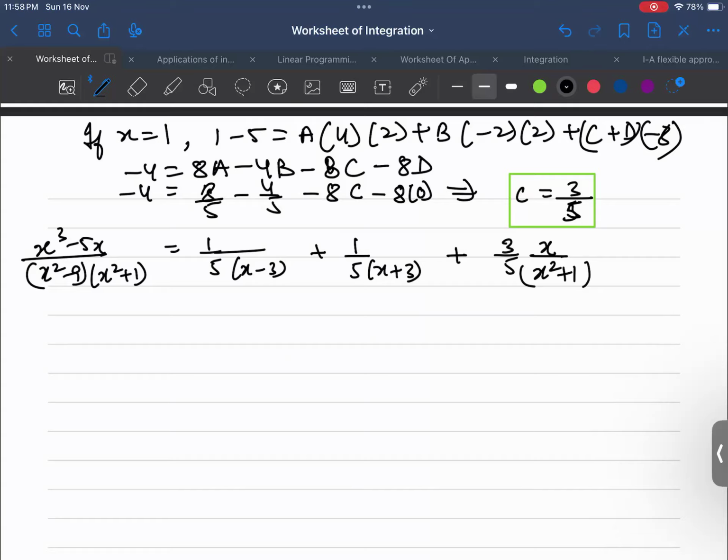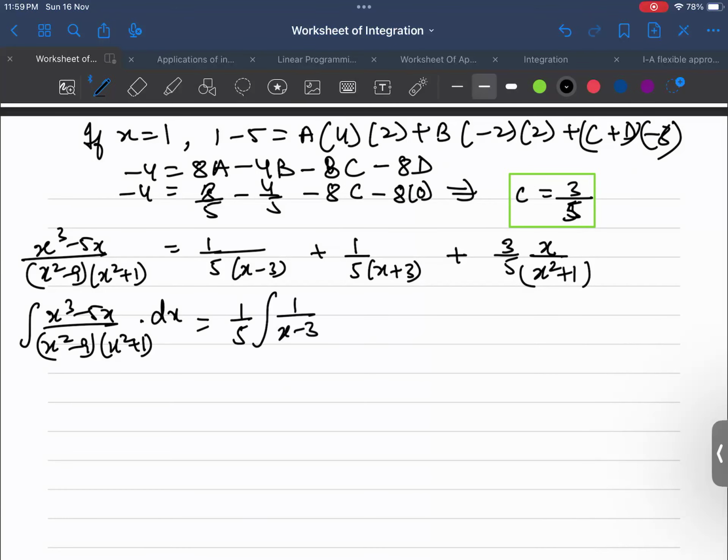Right? Now when we are integrating it, x cube minus 5x upon x square minus 9, x square plus 1 with respect to dx. 1 upon 5 would be outside, and it would be 1 upon x minus 3 dx, plus 1 upon 5, 1 upon x plus 3 dx, plus 3 upon 5 times x upon x square plus 1 dx. Right?